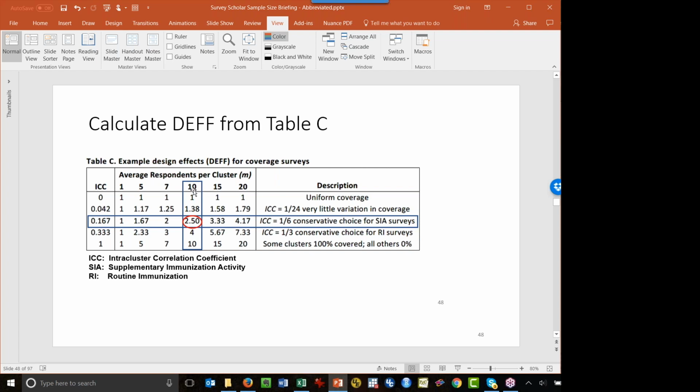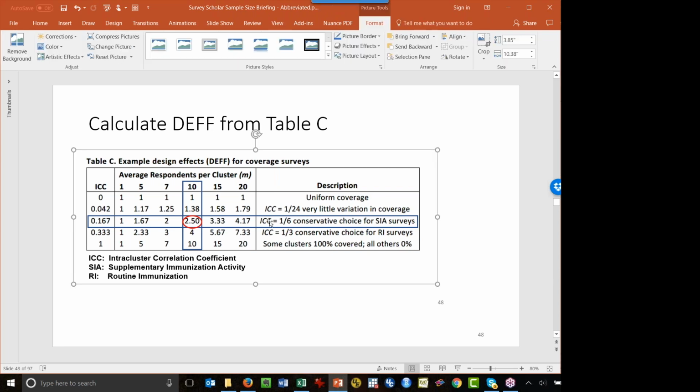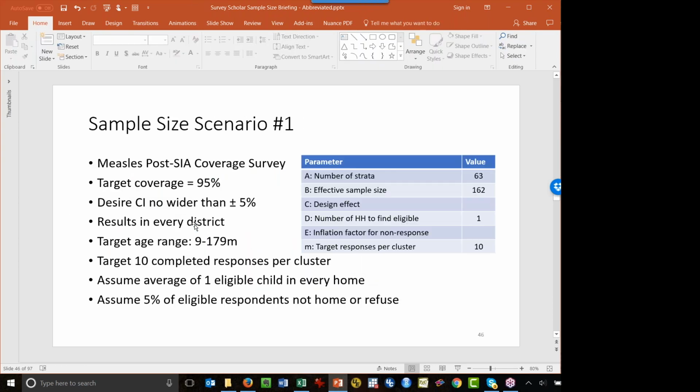And so we came up with a number of, if we use 10 respondents per cluster, we don't have a value for the intra-cluster correlation coefficient, so we just use the recommended value here for an SIA survey, which is 1/6. And so the intersection here is to use a design effect of 2.5. Okay, so we could fill in 2.5 for the design effect.